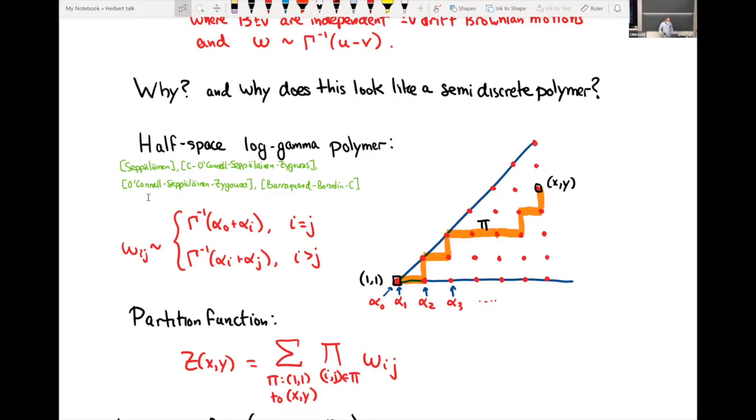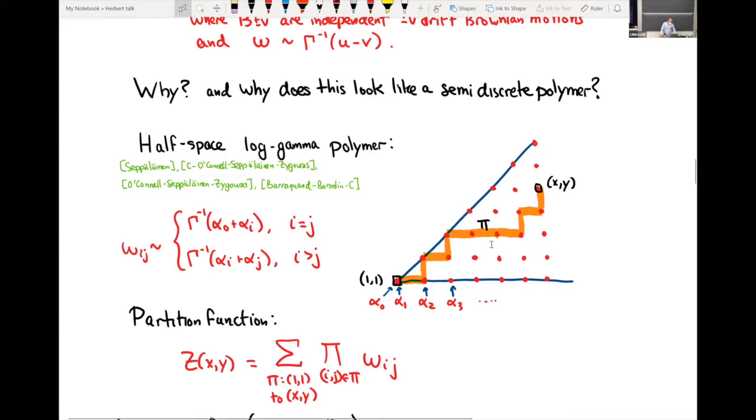All right, so this is a model which is defined in the following way. You have an octant. I guess we assume that the bottom point is (1, 1) for some reason. And you have a bunch of parameters, alpha naught, alpha 1, alpha 2, alpha 3, and so on. What these alphas correspond to are parameters that define random weights, random variables that I will put at the vertices of this octant.